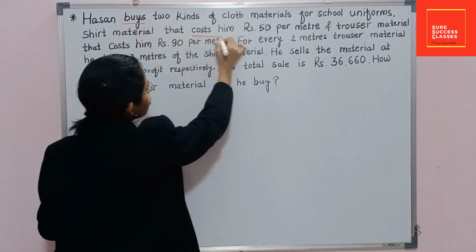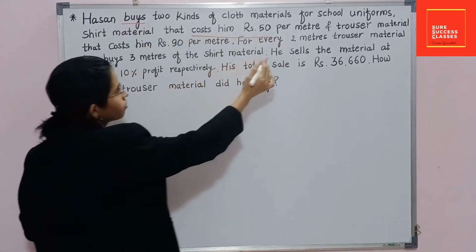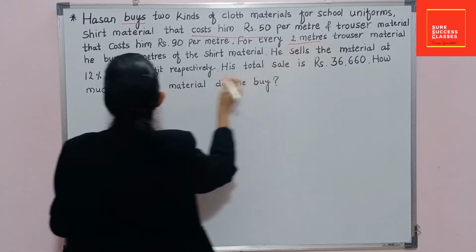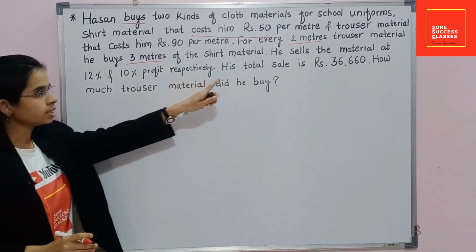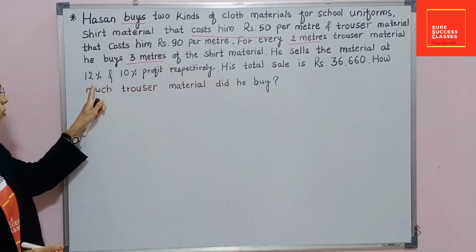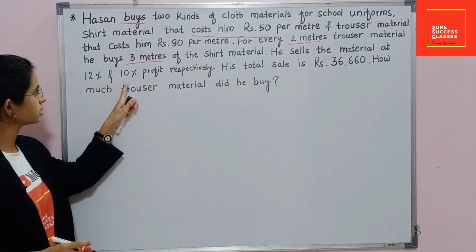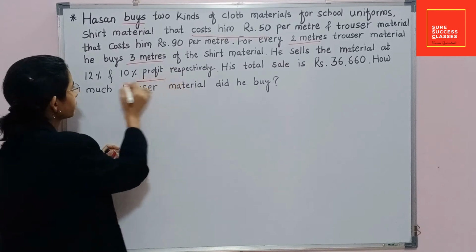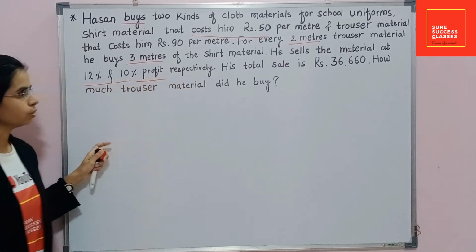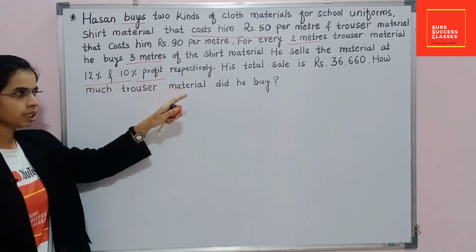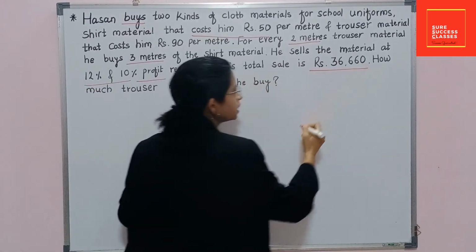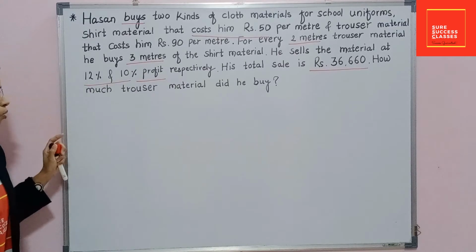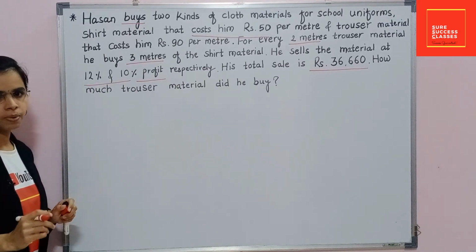He sells the material at 12% and 10% profit respectively. His total sale is rupees 36,660. How much trouser material did he buy?